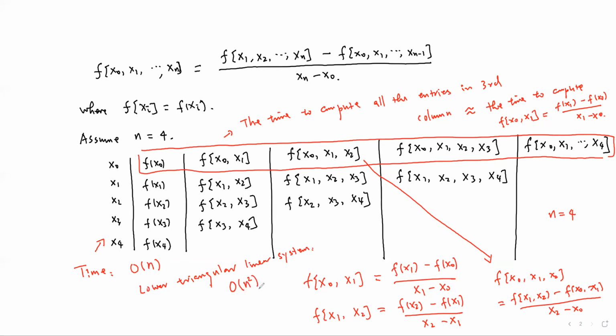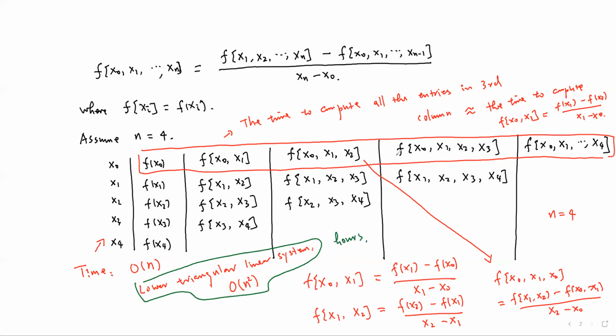n and n squared, the difference is huge when n is large. This process is one order lower than solving a lower triangular system. For example, suppose solving a lower triangular system takes a few hours.